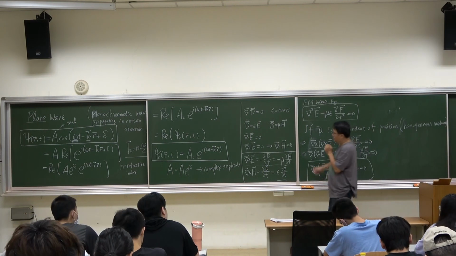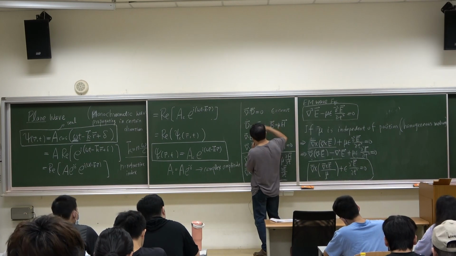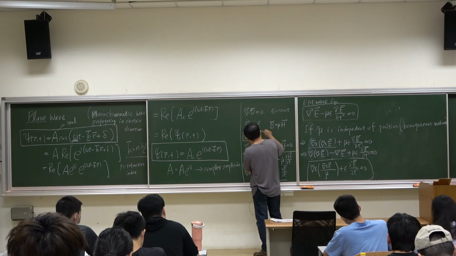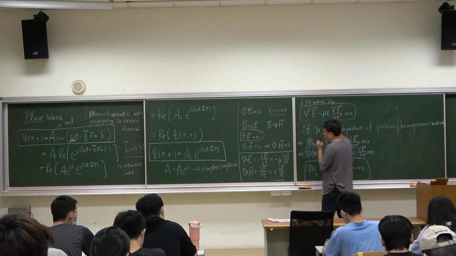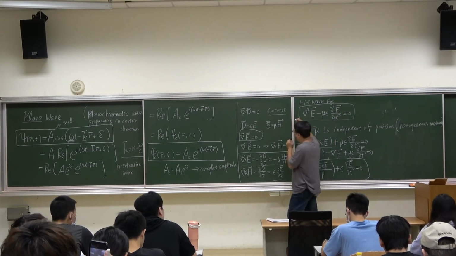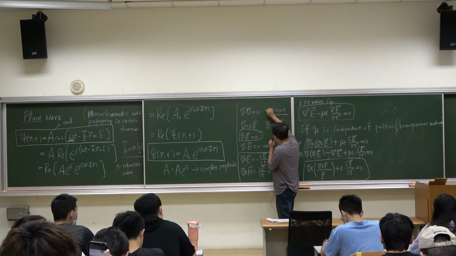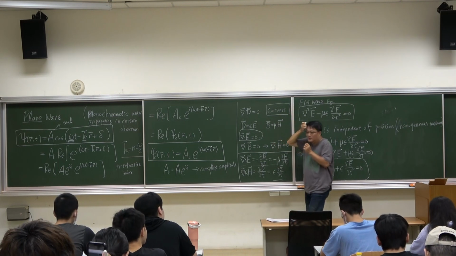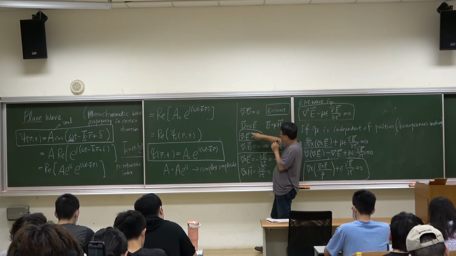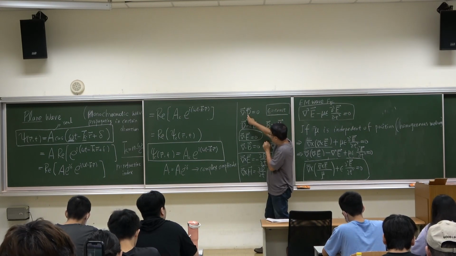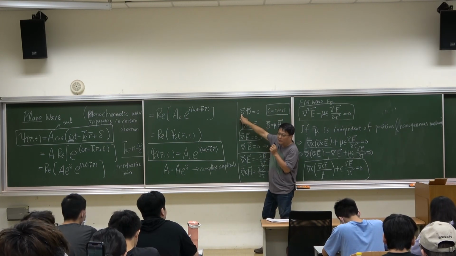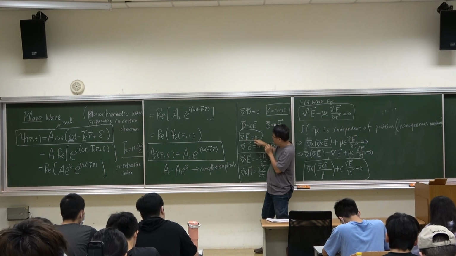Now, since divergence E is equal to 0, this is also caused by the fact that the medium is homogeneous. Because in a homogeneous medium, we have epsilon equal to constant. Since only when epsilon equal to constant can we factor out epsilon here to get divergence E equal to 0.